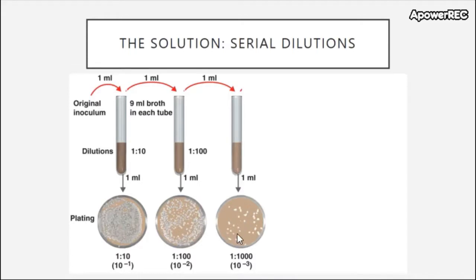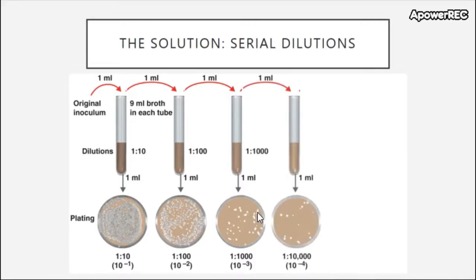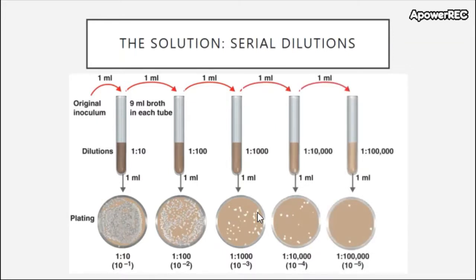We can count these better, but there's still some clinging together, so we didn't dilute it quite enough. So we'll repeat that process again and again until we find the right amount where they're easily countable and distinguishable as individual colony forming units.